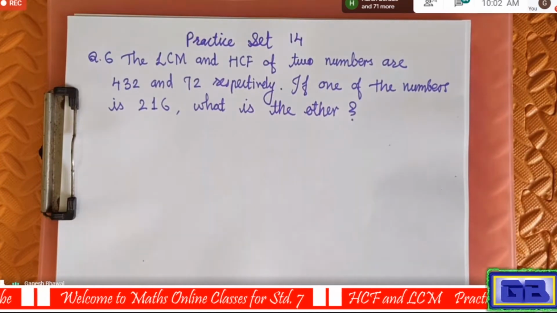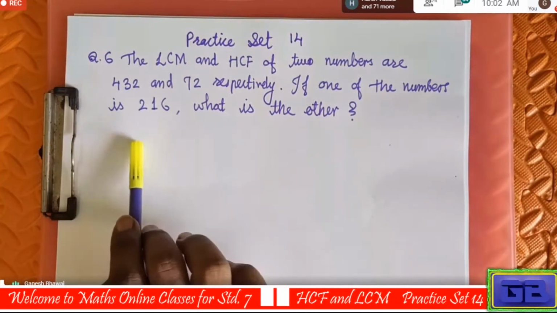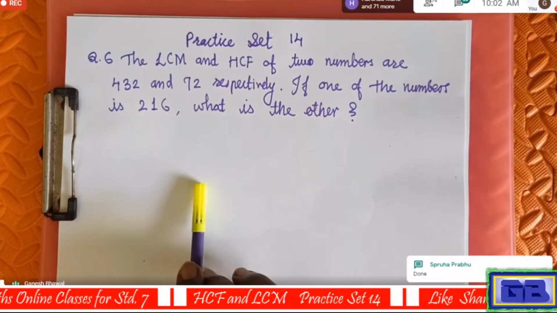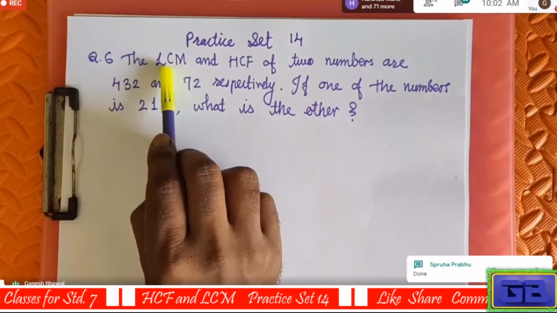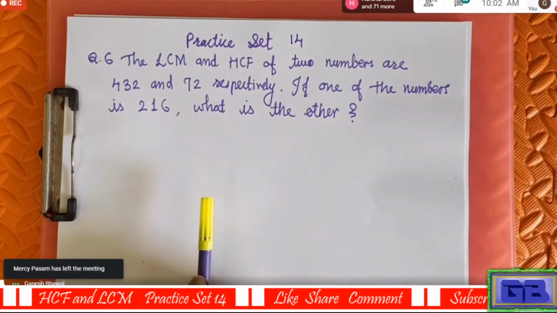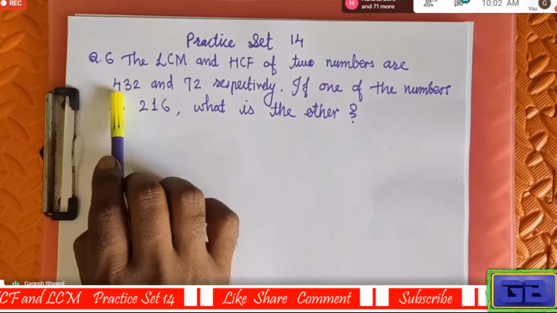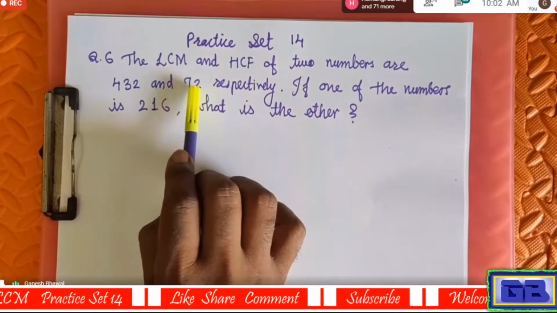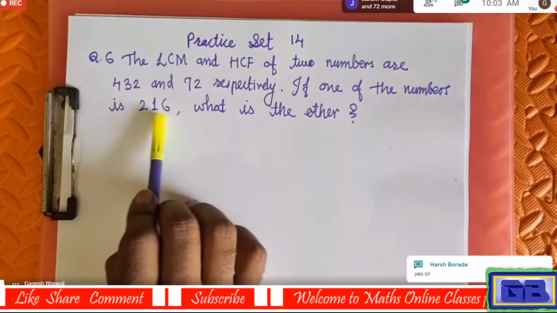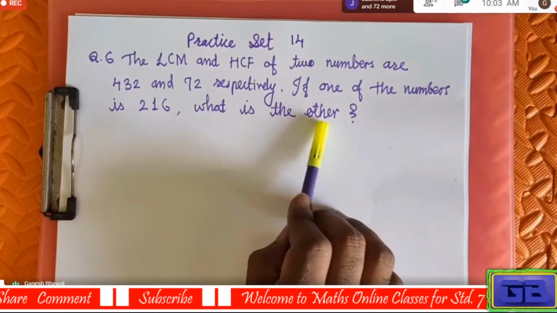We have learned that if two numbers are given, their product and the product of LCM and HCF are equal. If we multiply 432 and 72, its product is equal to 216 and the other number.